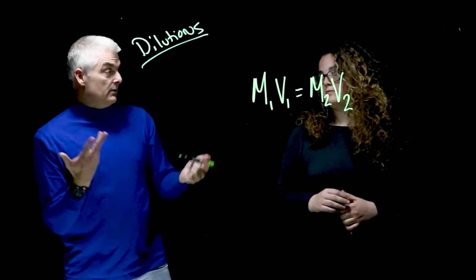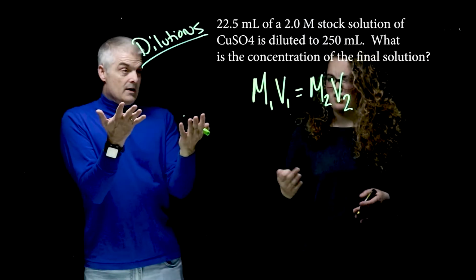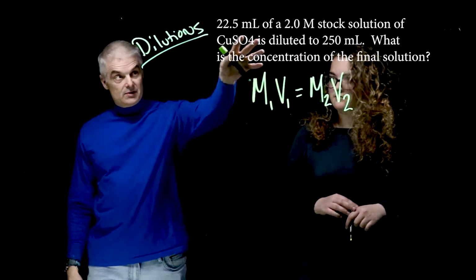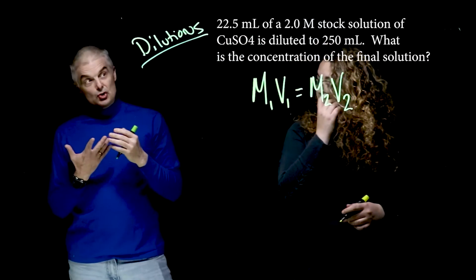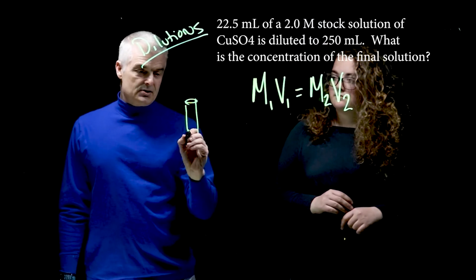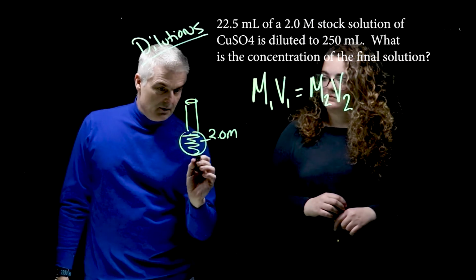I think the best way to do this is to just do a problem. So in this particular problem, we have 22.5 milliliters of a 2 molar stock solution. When I say a stock solution, that's the more concentrated solution. So this is 2 molar, and it's darker.